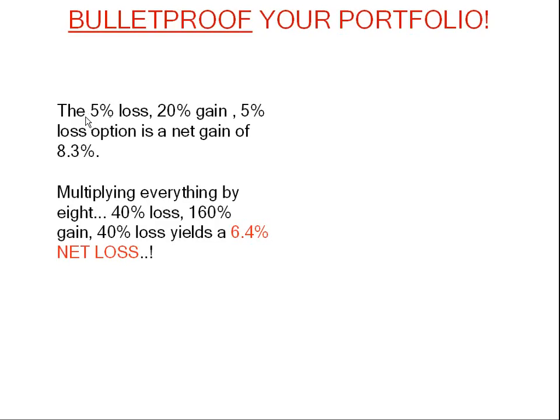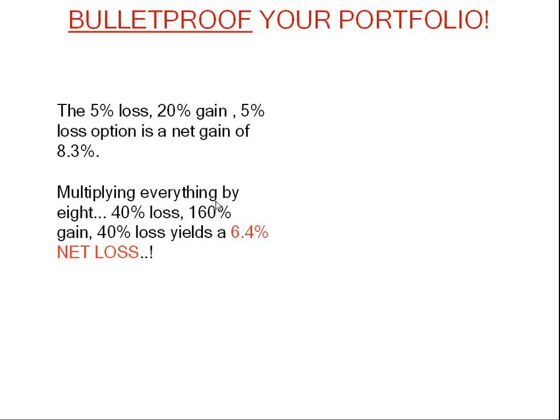Now, if we had 3 trades and we suffered a 5% loss, a 20% gain, and then suffered another 5% loss, this would look like a net gain of 10%, but it really works out mathematically to a net gain of 8.3%. I did have some votes coming in towards the end for the right-hand side, and the problem is if we multiply everything by 8, if we suffer a 40% loss and then take a 160% gain and then another 40% loss, this results in a loss of 6.4%.